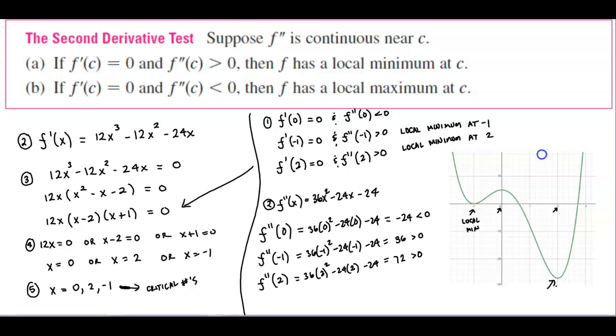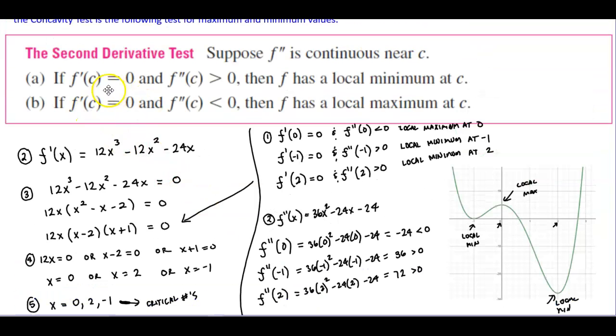So we can see that we also have a local minimum. And if you look at part B, f prime of 0 is equal to 0 and f double prime of 0 is less than 0. So that tells us that we have a local maximum at 0. And if you look here, there is the local maximum. So there is the local max at 0.